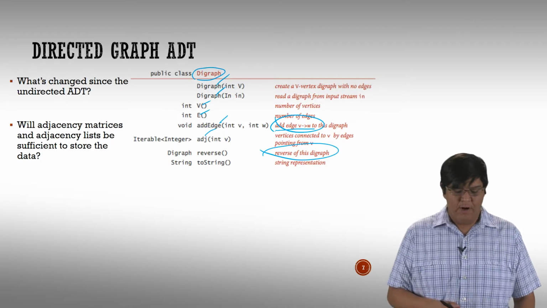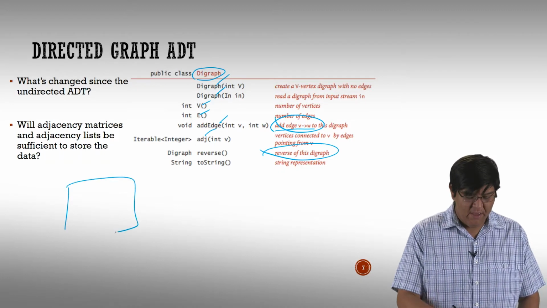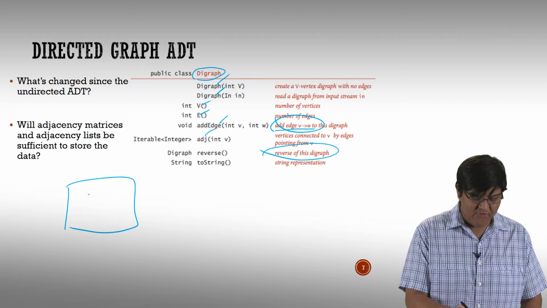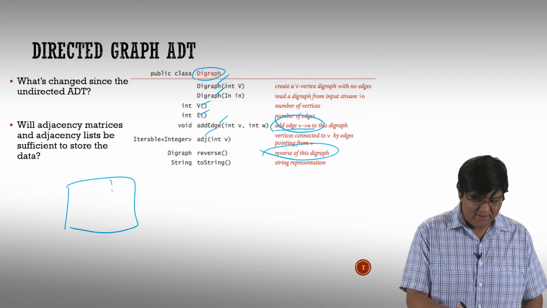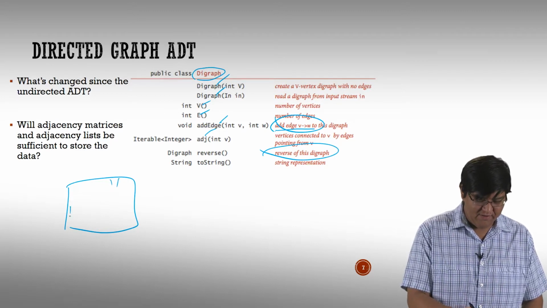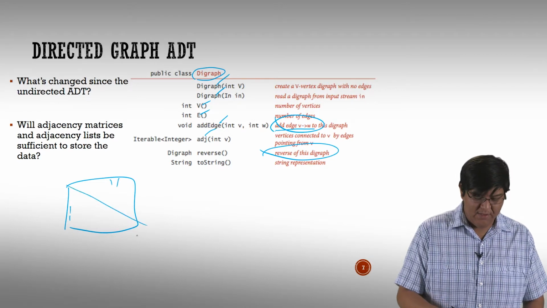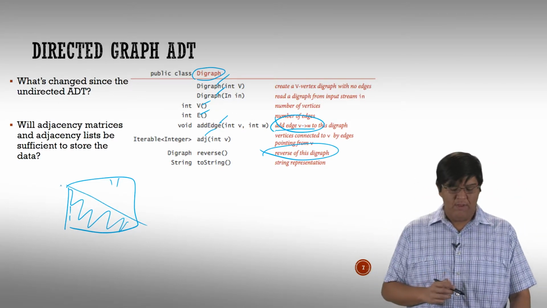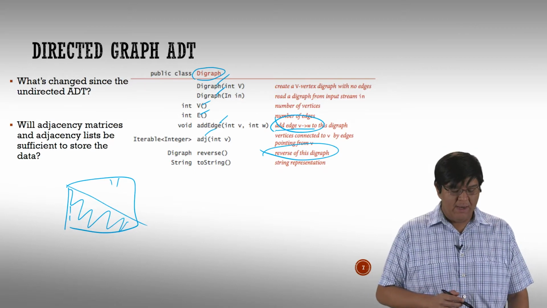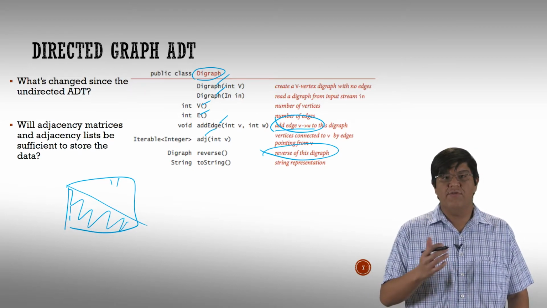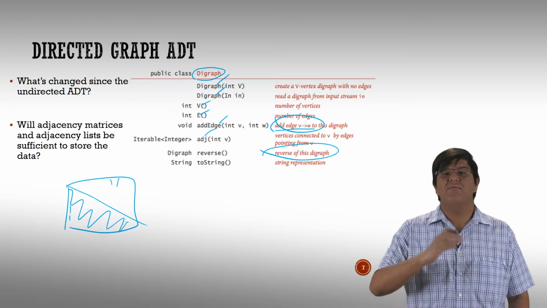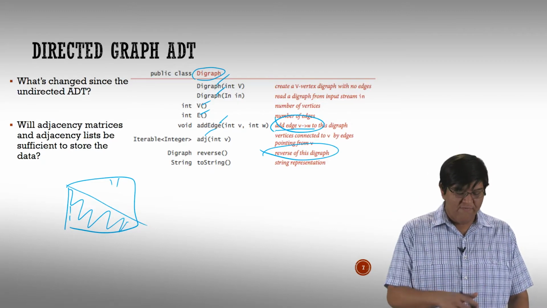Before, with an undirected graph, my matrices had some sort of symmetry: if there's something over here, there's something over there. So half of the matrix doesn't really make any sense. That will go away, because now it's not always implied that I'm connected both ways. Maybe I'm only connected one way. So it'll be a little bit more efficient to use matrices.